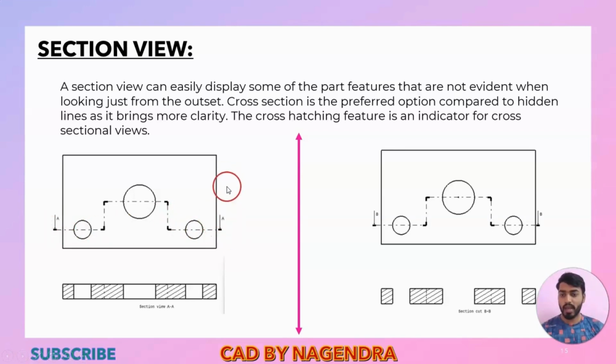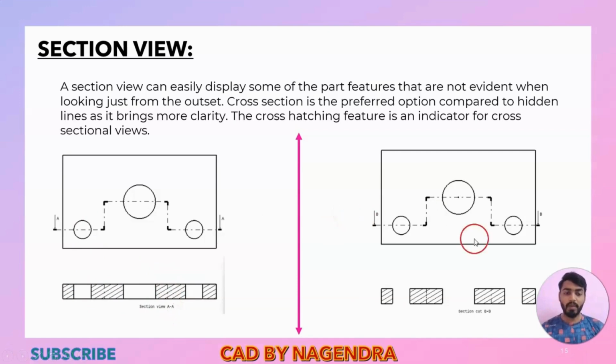Now the arrow marks are towards the downside, it means we are looking from top to this cut part. So after making this cut section, if you are looking from top, we are able to see this shape like here. Wherever there is cut section of material, there we will get hatching, and wherever there is no material, we will leave it blank like this. So this is a section view.